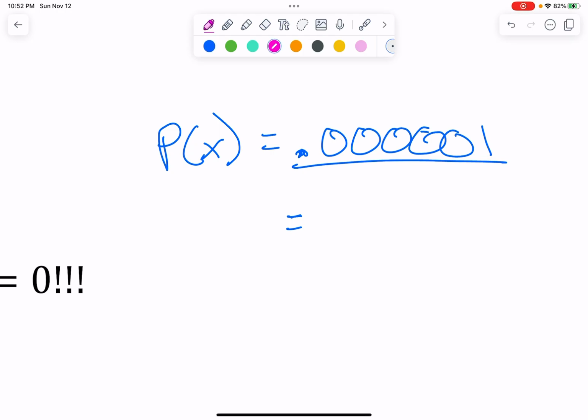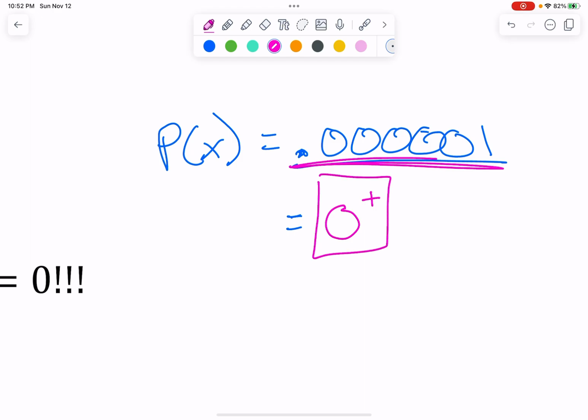So the notation that we want to use instead of writing 0.00000001, however many zeros, is to say 0 plus, okay? Writing it that way means it's really close to 0, but it's not impossible that it will happen.